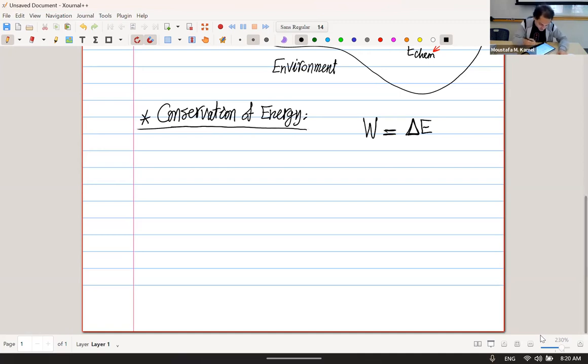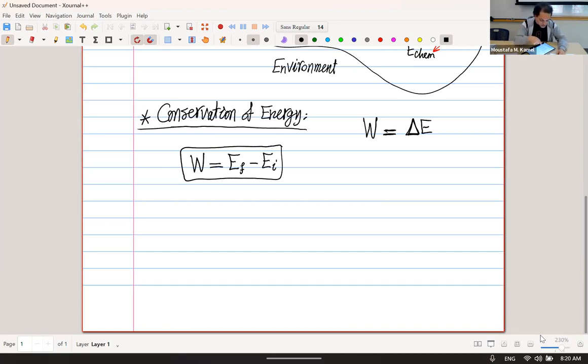Delta means change as usual, so we can write that as W equals energy final minus energy initial. Energy initial is the sum of all energies initially in the system. Energy final is the sum of all energies finally in the system. And work done is the push or pull you do on the system to change its energy.